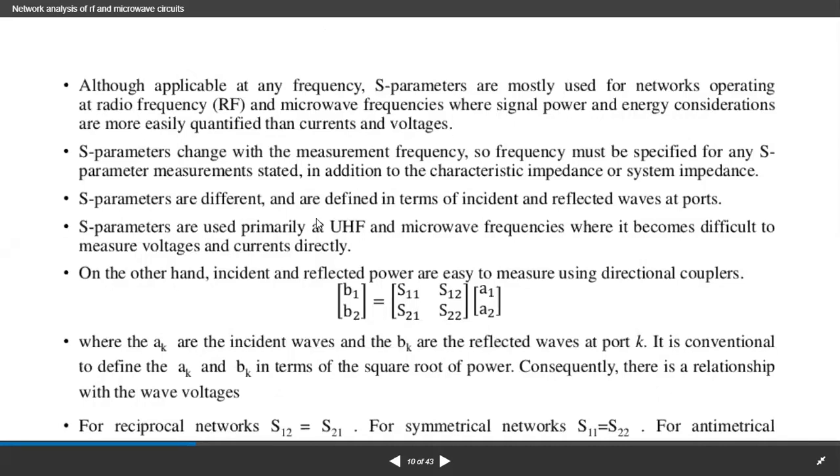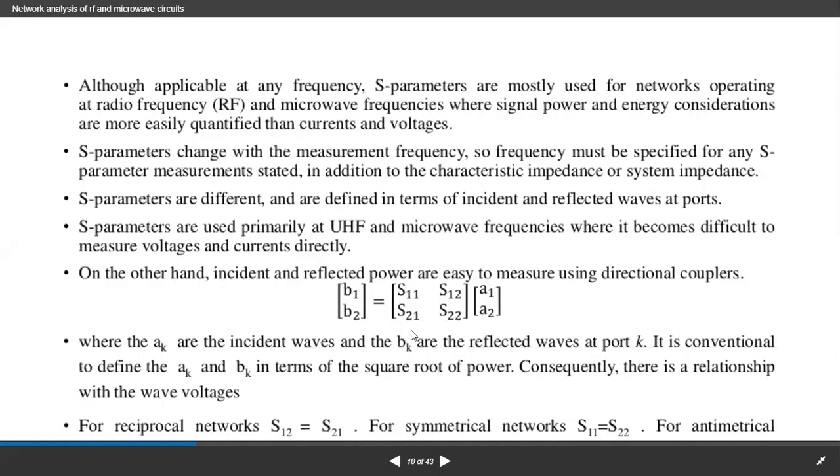Again, I have told you it is represented in terms of incident and reflected powers. S parameters are mainly used at ultra high frequency and microwave frequencies, where it becomes difficult to measure voltages and current directly. Incident and reflected power are easy to measure using directional couplers. We will study what actually a directional coupler is in passive devices.